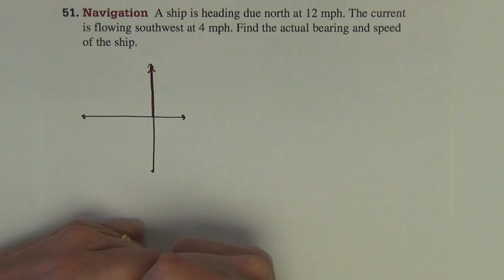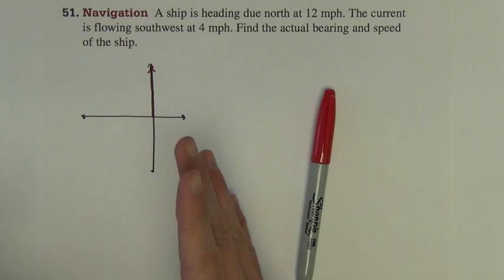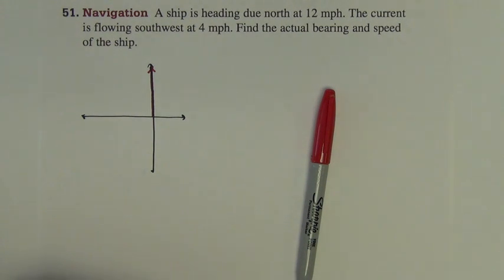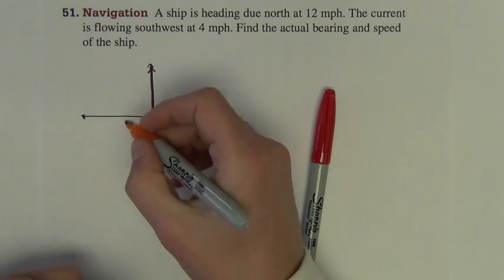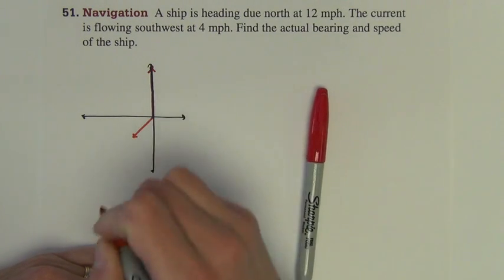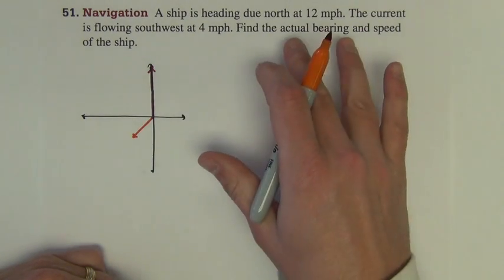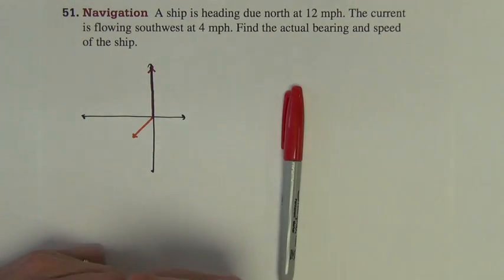And then we've got current that's flowing southwest. Now it didn't give me an exact southwest, so we'll just assume that it's exactly halfway between south and west. So we've got this current here. So how is that current affecting the actual bearing and speed of the ship?